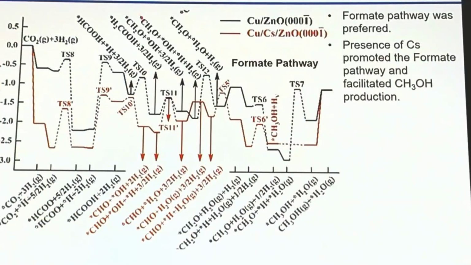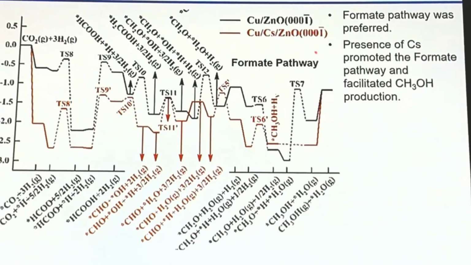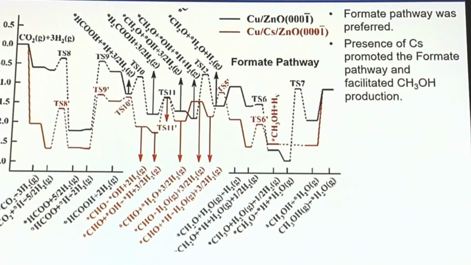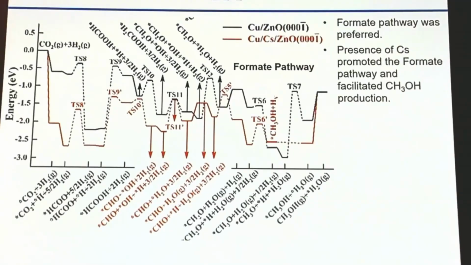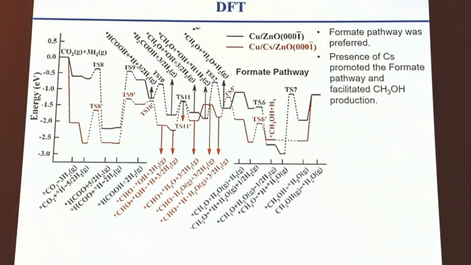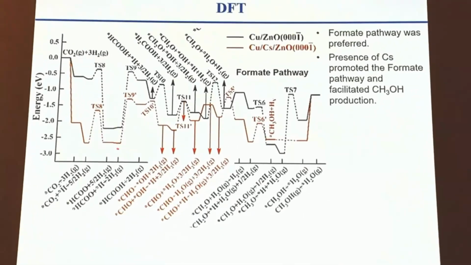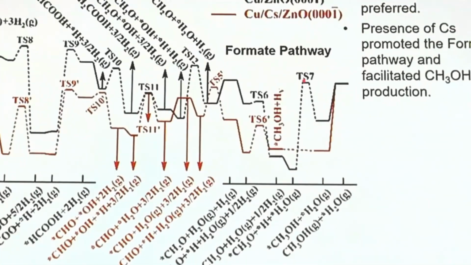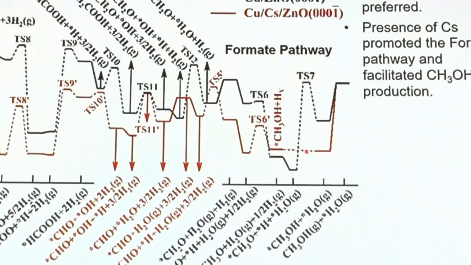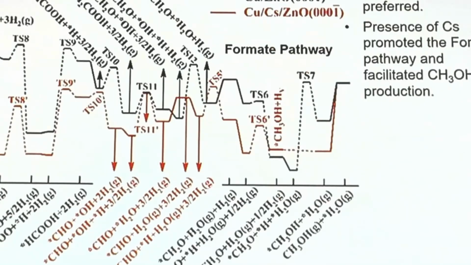To confirm that, we look at the reaction pathways on the copper-cesium-zinc oxide surface, and we also include the copper zinc oxide for comparison. What we find is that by introducing cesium at the interface, you can significantly stabilize the reactive intermediates and transition states along the formate pathway, which leads to methanol synthesis.